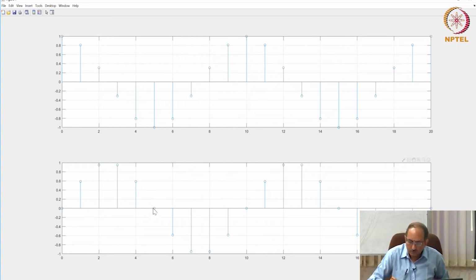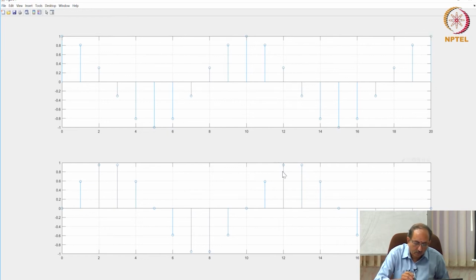In the bottom curve, you see the sequence takes on the value 0 at certain indices. In the top curve, there is no sample that takes on the value 0. The other difference that you see is, here it hits the value plus 1, and here it hits the value minus 1.